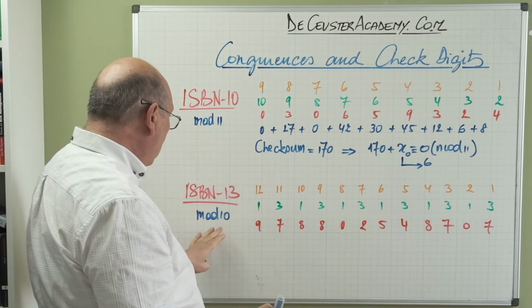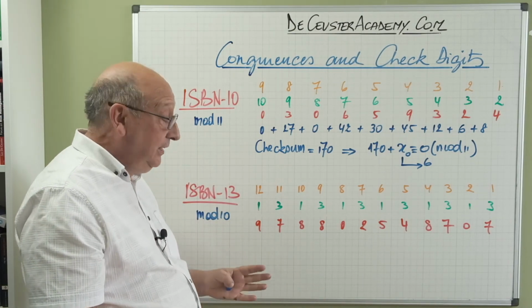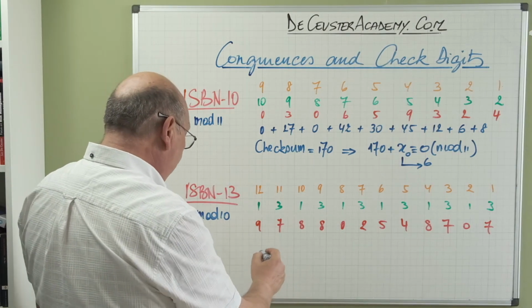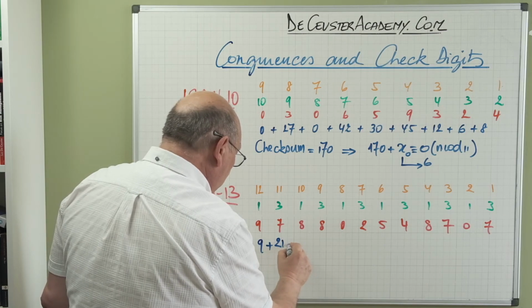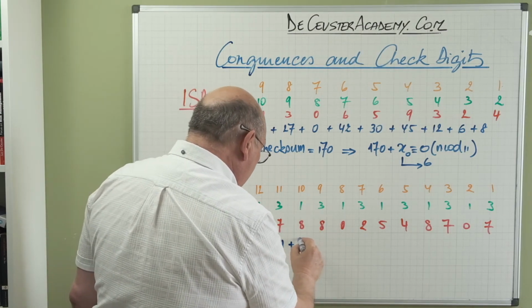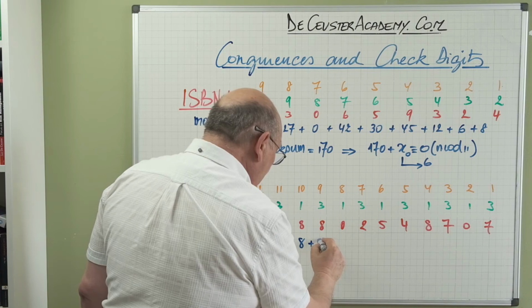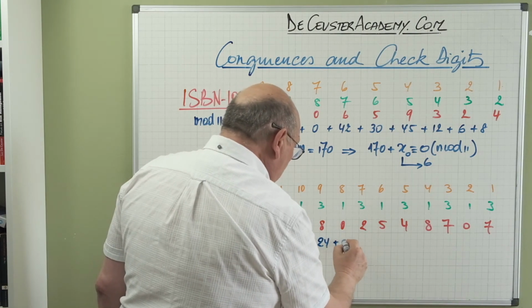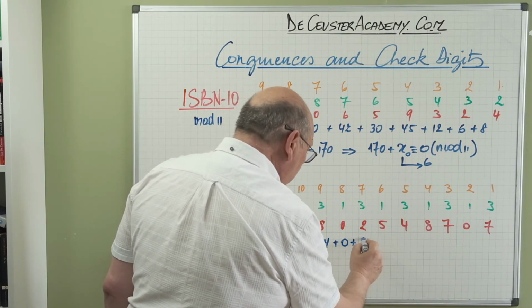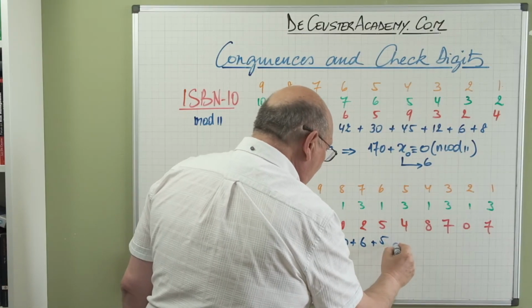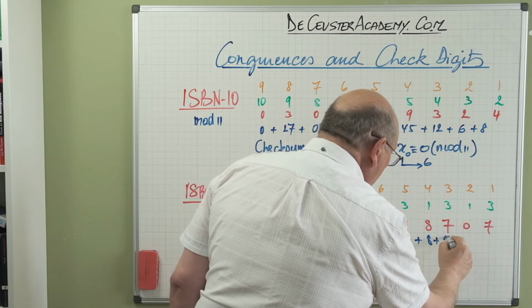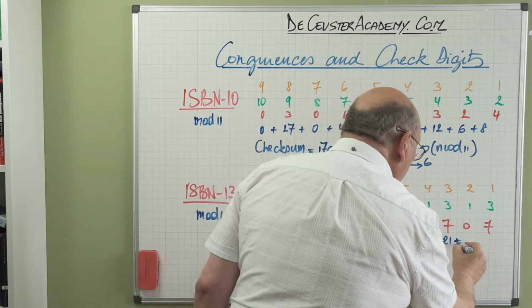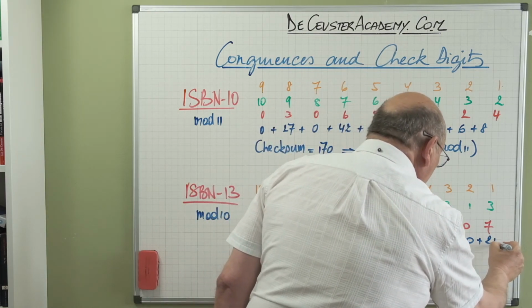It's an older code, and when we look at the ISBN 13, it's a little bit different. So we have 9 times 1, plus 3 times 7 is 21, plus 1 times 8 is 8, plus 3 times 8 is 24, plus 0, I like that one, plus 6, plus 5, plus 12, plus 8, plus 21, plus 0, plus 21.